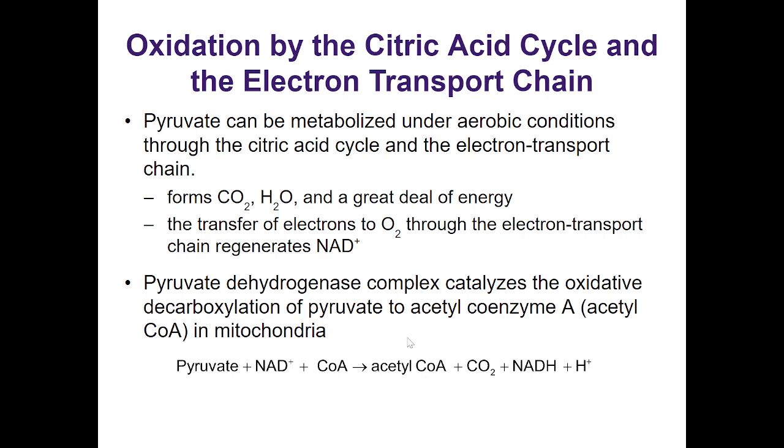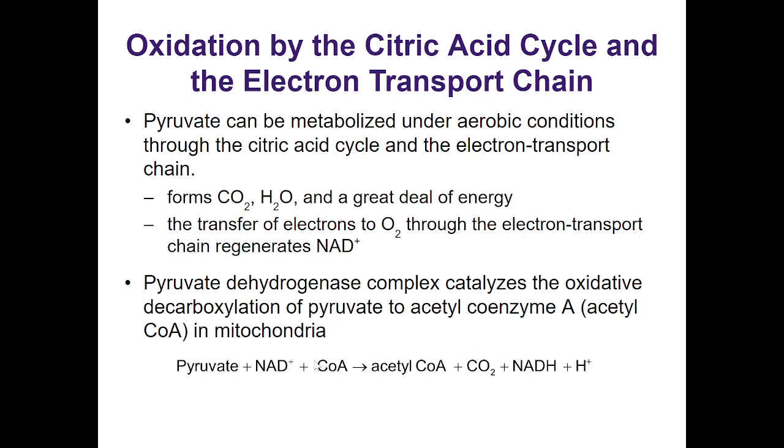So the pyruvate dehydrogenase complex catalyzes the oxidative decarboxylation of the pyruvate to acetyl coenzyme A. Again, this is going to be acetyl-CoA, is the other way of saying that. This is done in the mitochondria, which is why the mitochondria is considered the quote-unquote powerhouse of the cell. It's the subdivision that actually does this process.